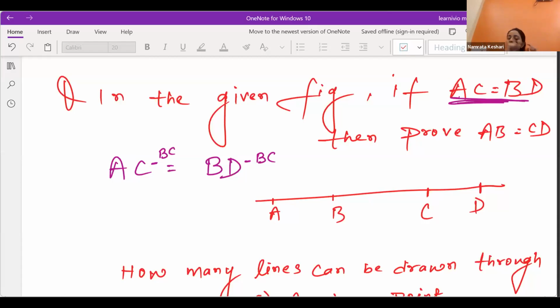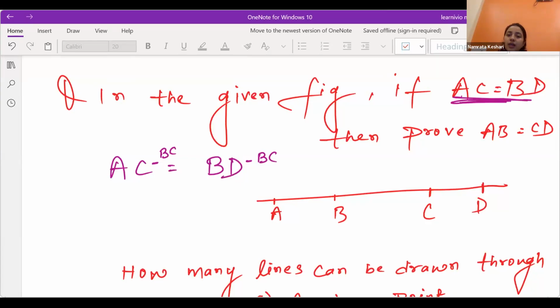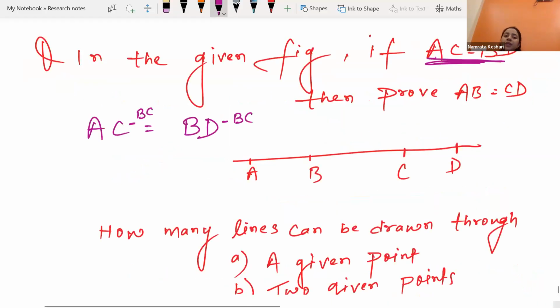From the equals, we are subtracting the same thing on both sides. If you observe the figure carefully, from the complete AC, if you cut out BC, you will get AB. And from BD, if you cut out BC, you will get CD. So yes, this is the axiom which is helping us.